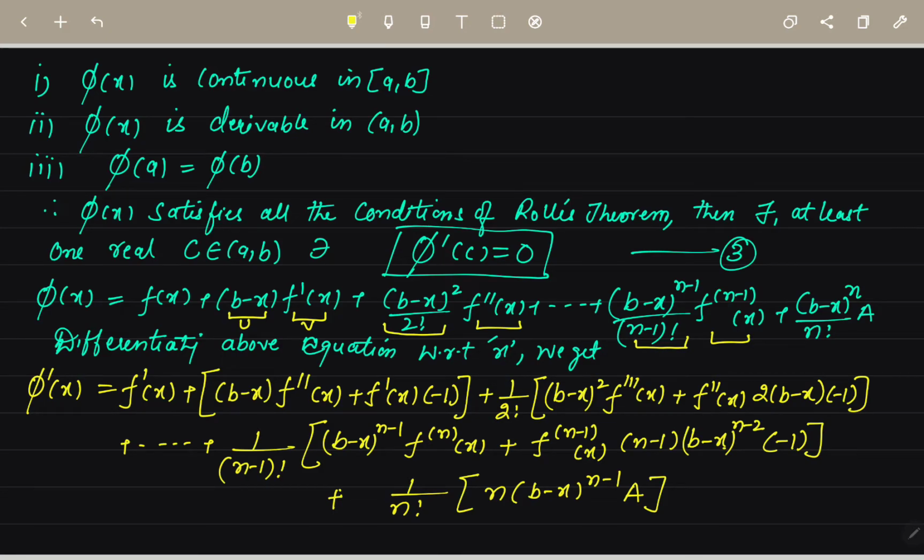Now I will do some simplification, and from here we can see that this term and this term get cancelled. Similarly, this term and the next term get cancelled, and we are left with only two terms.